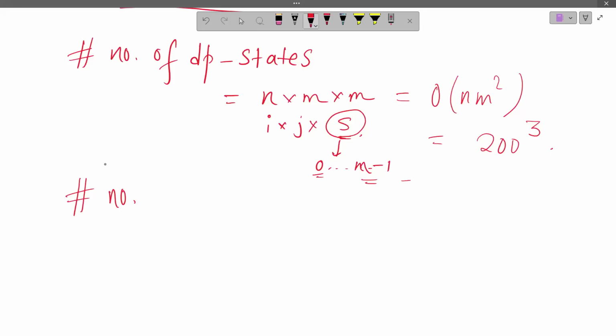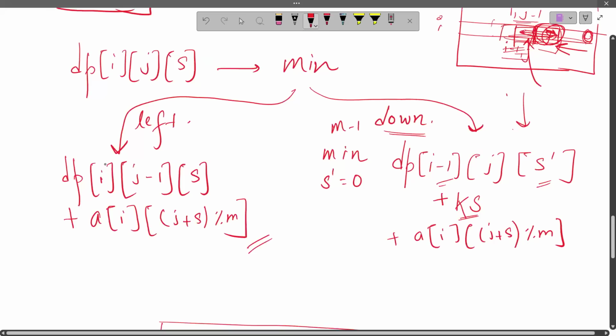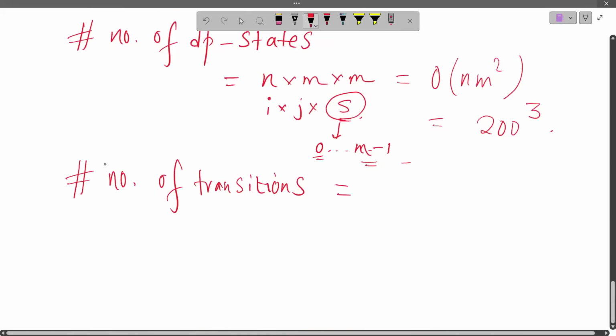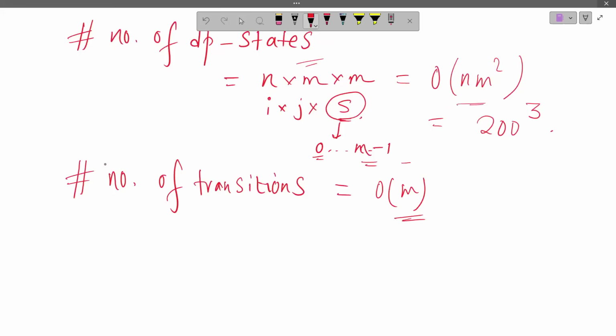The problem is that when we are doing transitions, we are taking the minimum of s dash equal to 0 to m minus 1. So that means our transitions will also take order m time. The number of DP states is n m squared and the transitions take m time.